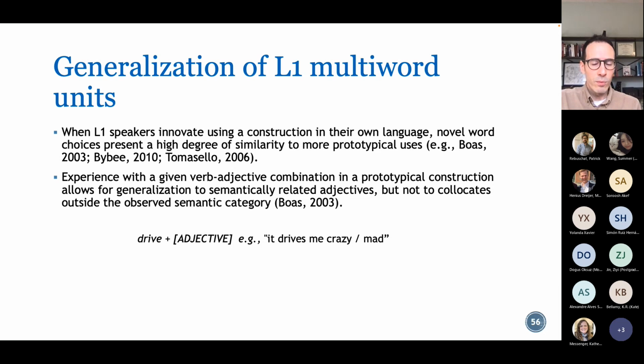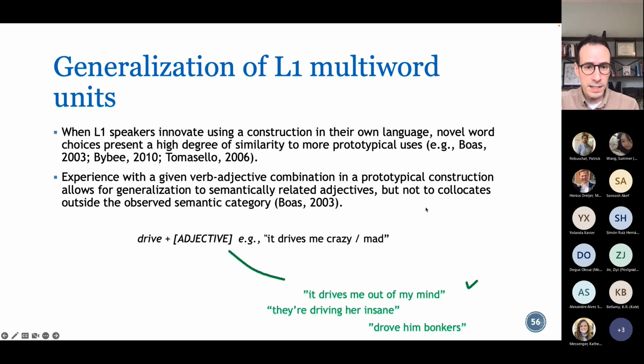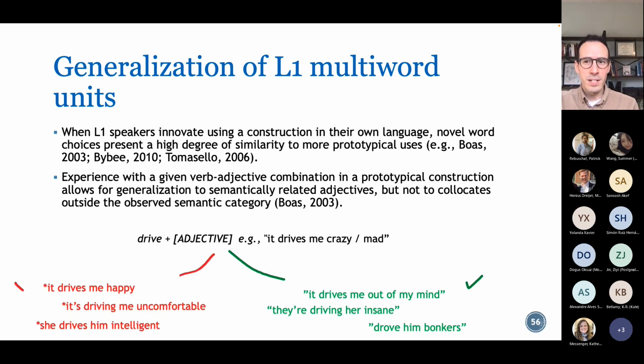But in recent decades, we've also seen innovations where people will say things like "it drives me insane" or "out of my mind" or even "bonkers" or "bananas," right? So these are all acceptable utterances, but you can't really go too far with that generalization, right?